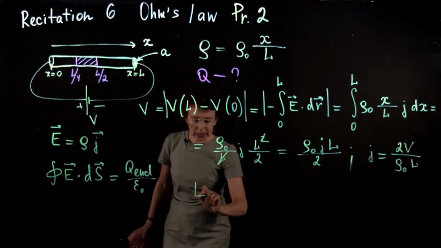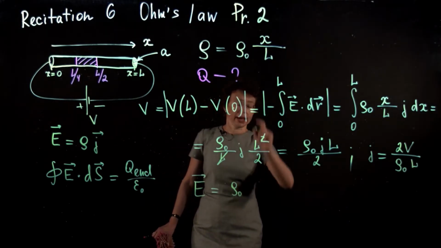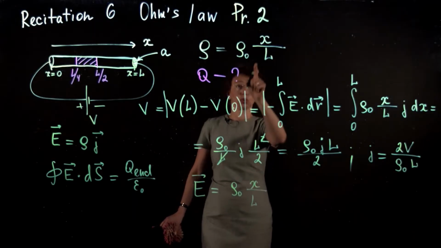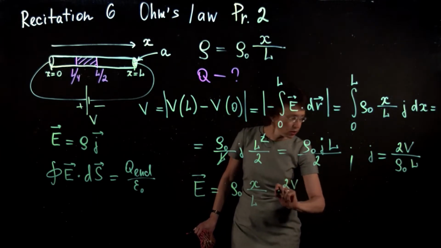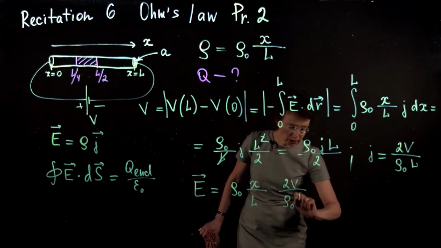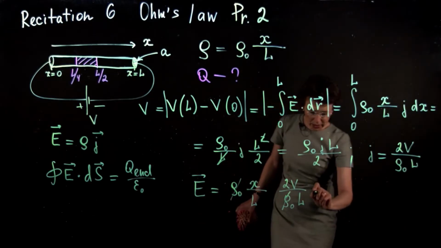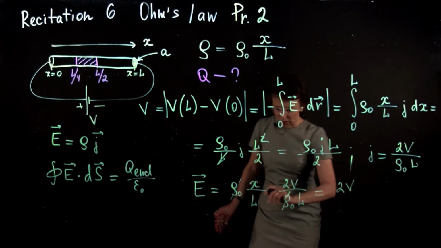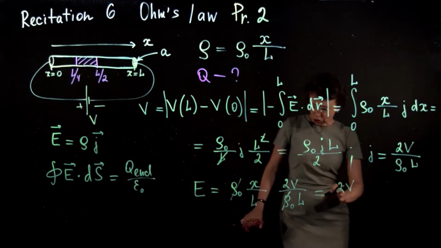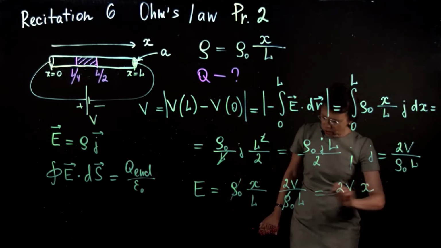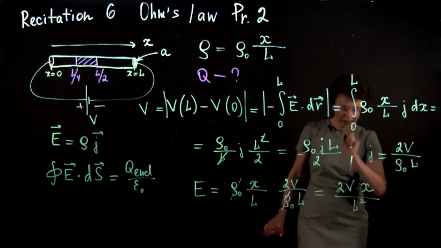The electric field E is rho, which is rho naught X over L, that was given, times J, and J is 2V divided by rho naught L. So let's simplify it. We have 2V, let's first put magnitude: 2Vx divided by L squared.